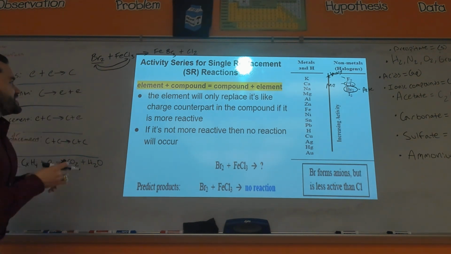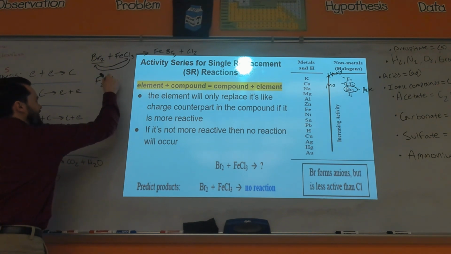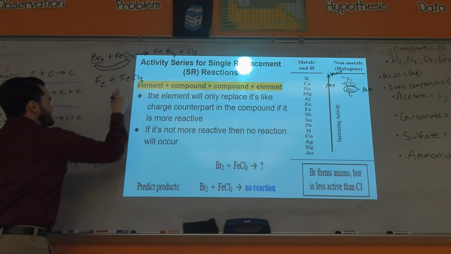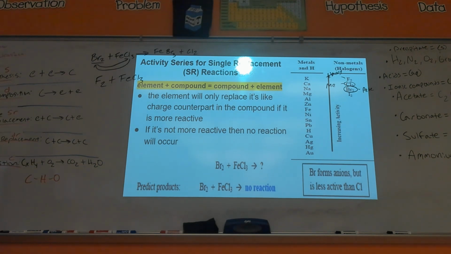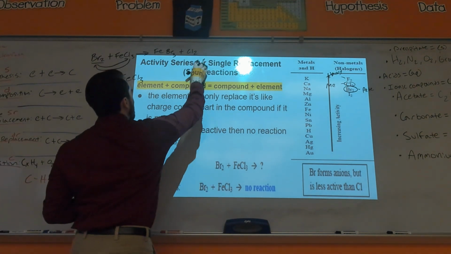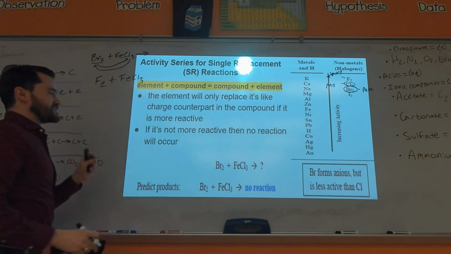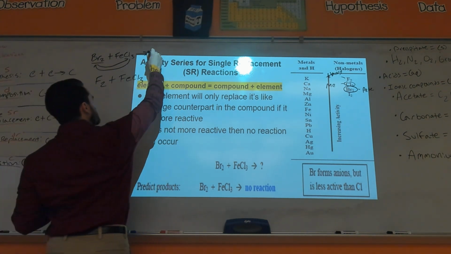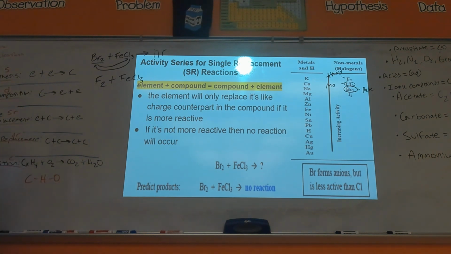If I wrote this reaction where it was now Harry Styles, and then it's me, that reaction's probably going to happen. So what I'm getting at is, there is something called an activity series, which says that this reaction technically doesn't happen. This is no reaction, because if you're iron, iron is more attracted to chlorine than it is bromine, right? My wife is more attracted to me than Pete Davidson, right? Why would iron want to be with bromine? It makes no sense, okay?